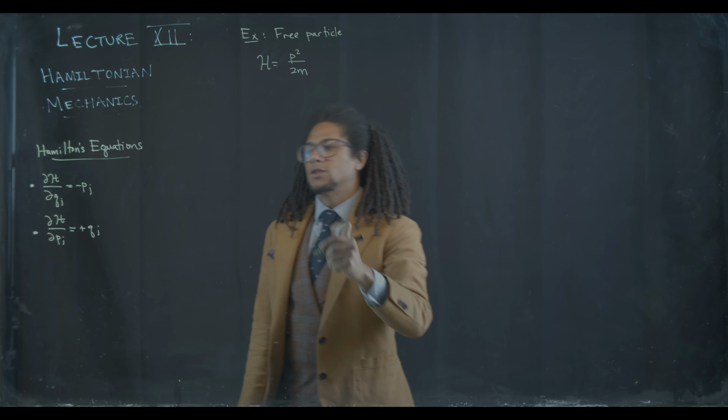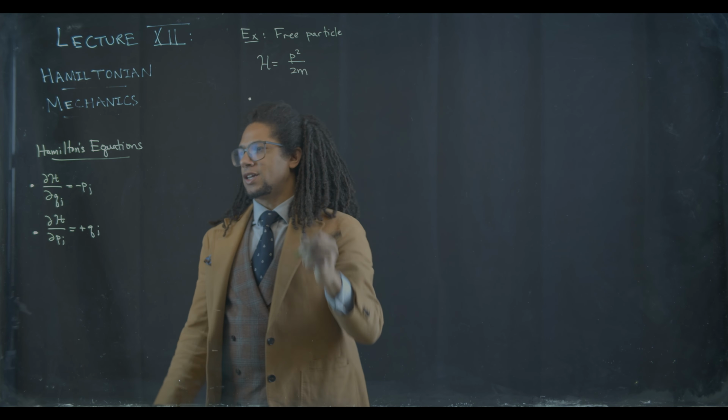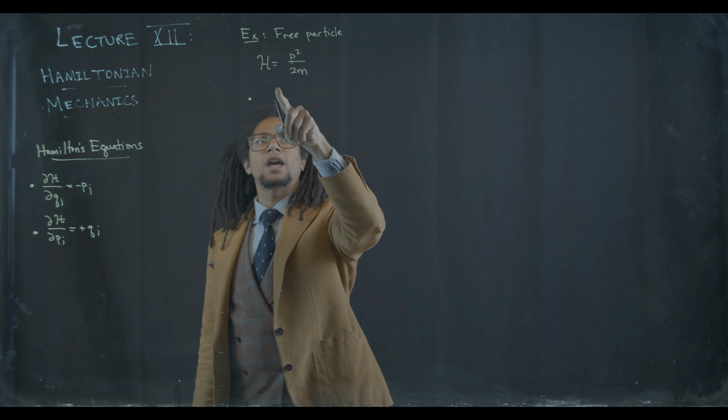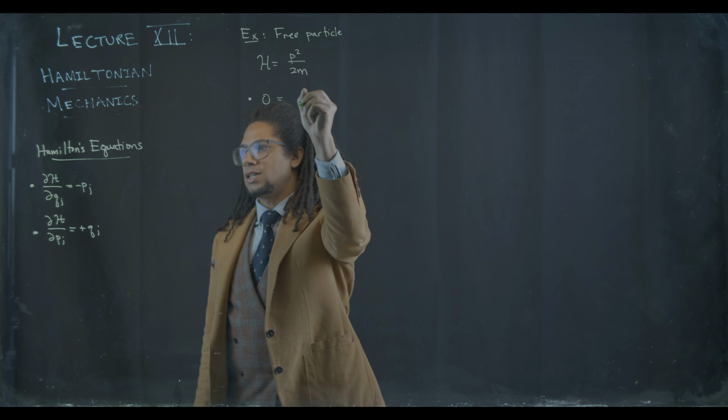All right, so what do Hamilton's equations tell us? Well, the first one that we have written here tells us that dH/dqj, which is 0, is equal to minus pj, oh, and I forgot my dots here, minus p dot.